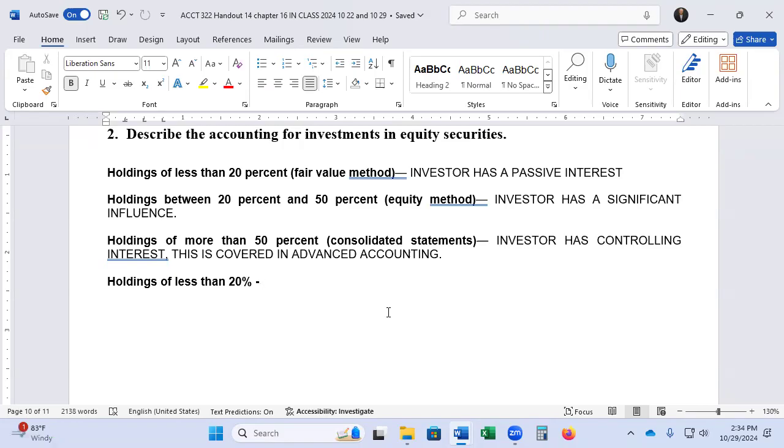So we're going to talk about holdings less than 20%. So we're going to use the fair value method. And when we purchase securities, we're going to debit equity investments and credit cash.